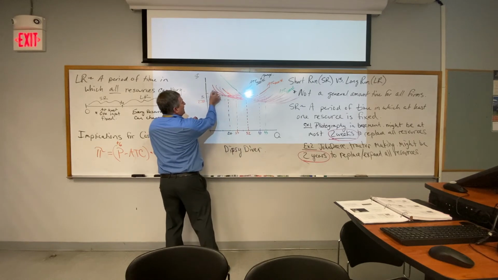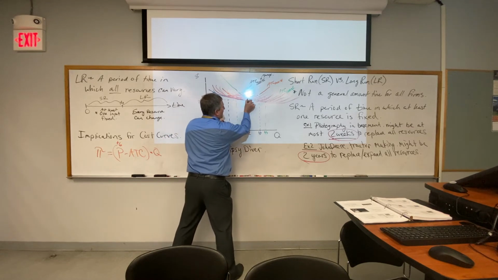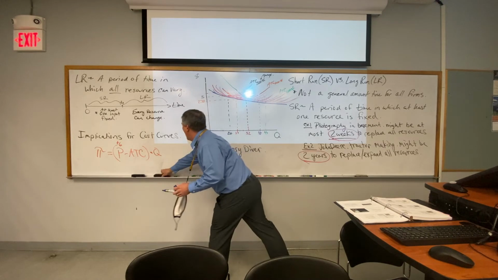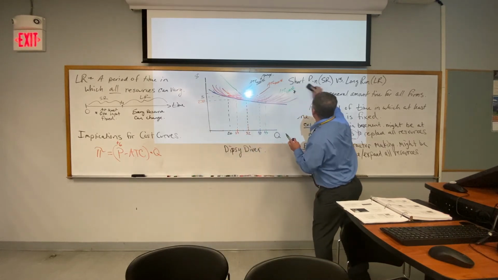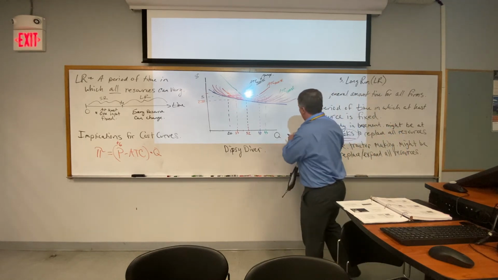If we connected the outer envelope of all of those, it shows you the long run average cost curve. These are all short run curves. This is the long run.